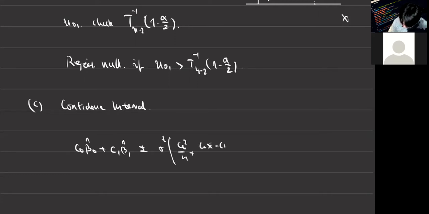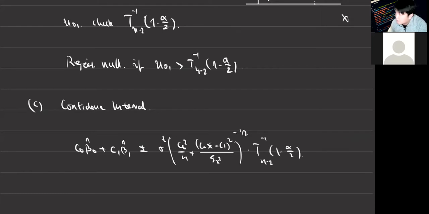C0 x bar C1, that's a square over, what else? S is x square, and then parenthesis minus inverse, half inverse, and t n minus 2 inverse 1 minus alpha over 2. Is that right? Let me double check. Yeah. All right.